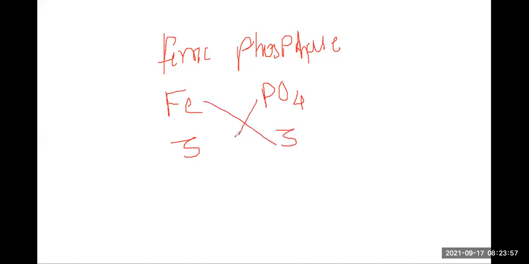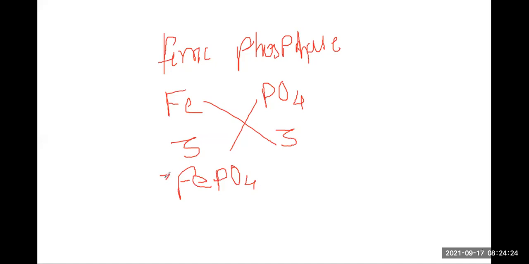Next step, cross multiply it. What will you get? Can you tell me? Directly, you write FePO4, because both have the same valency, the same positive and negative charge, so they can combine together directly.